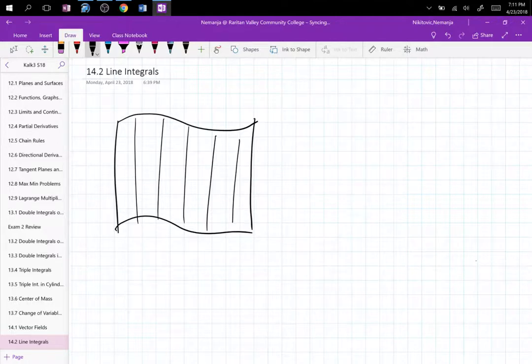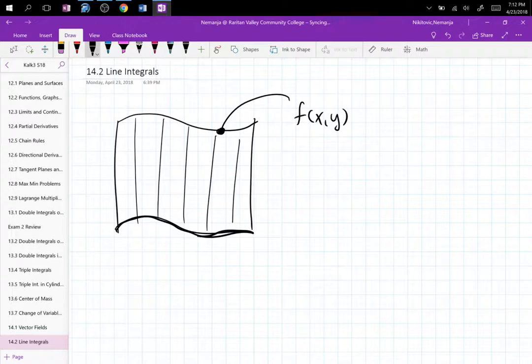And this line on top is the part of your f(x,y). The line on the bottom I'm going to call a curve C.